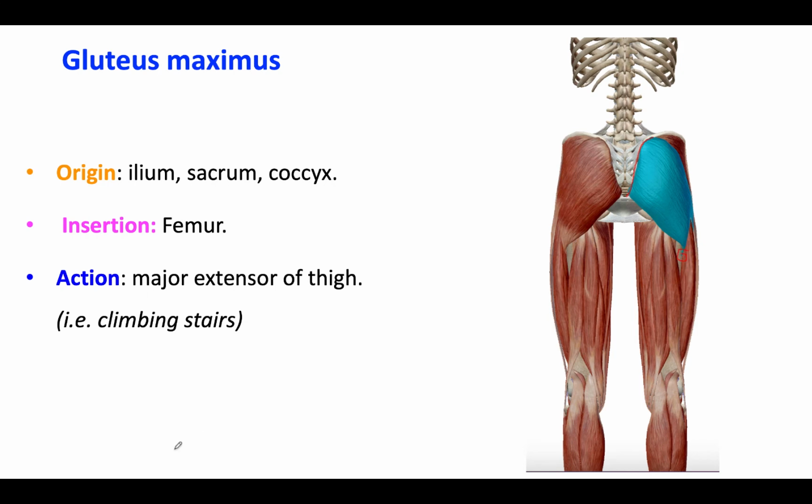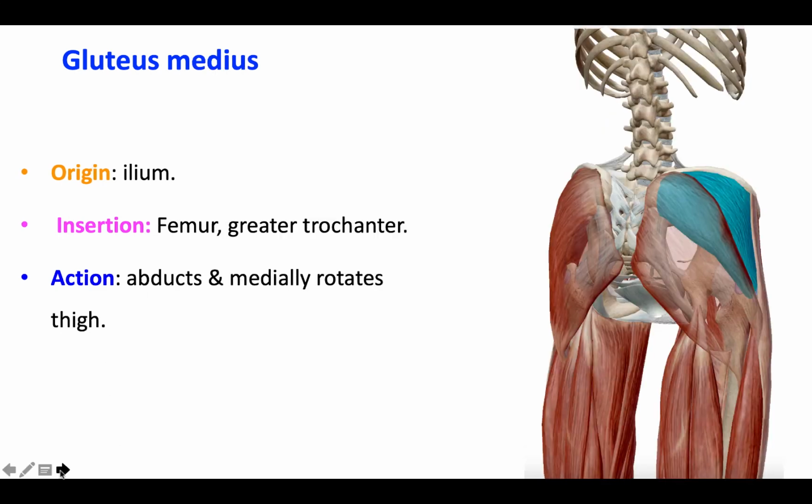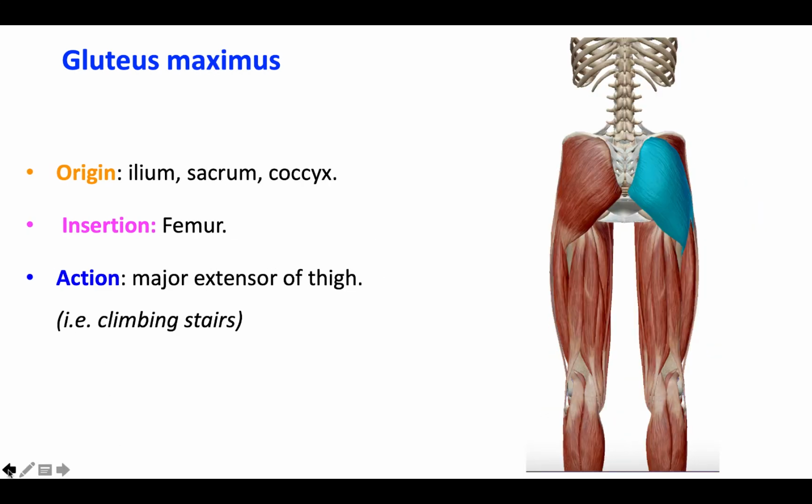Clearly, the gluteus maximus is a major thigh extensor, and it's a muscle that we utilize for climbing stairs and walking, of course, and it's one of our bigger, stronger muscles in the lower limb area.